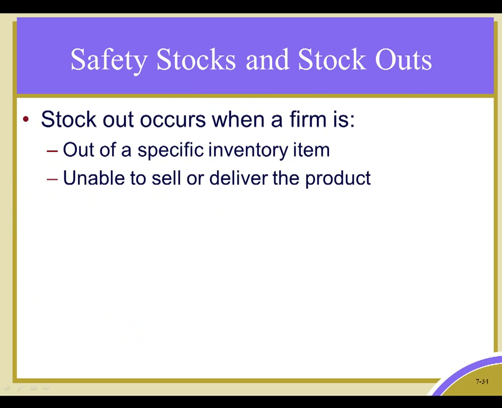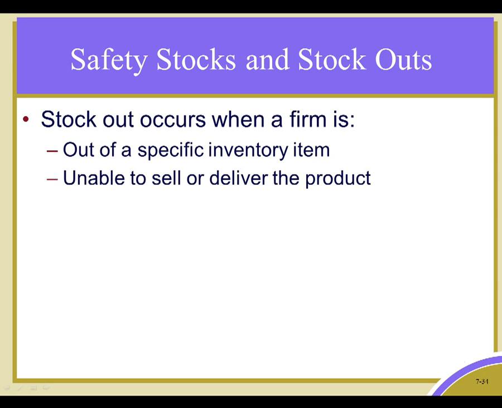Now we might be concerned about the potential for safety stock or for stockouts. A stockout occurs when the firm runs out of inventory and is unable to make deliveries or to sell the product. Obviously, this can be somewhat disastrous. You might miss a sale, and your customer might go to one of your competitors and not come back.